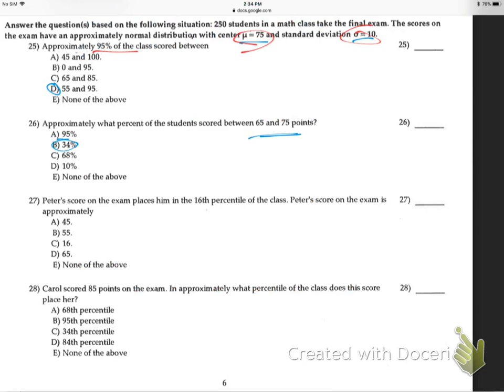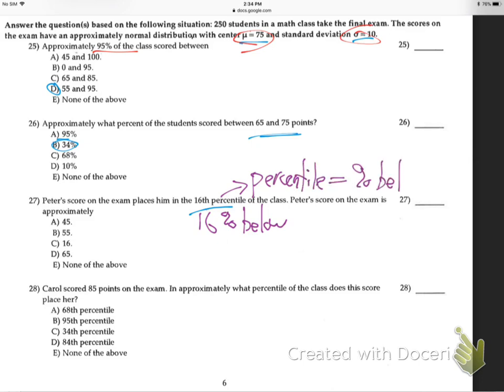Peter scored at the 16th percentile. Ah, that's a great question. Do you remember what 16th percentile means? 16% below. Remember, percentile means percent below, we talked about on Tuesday.